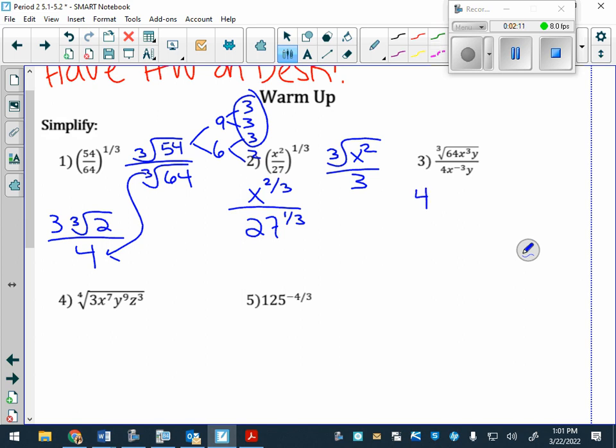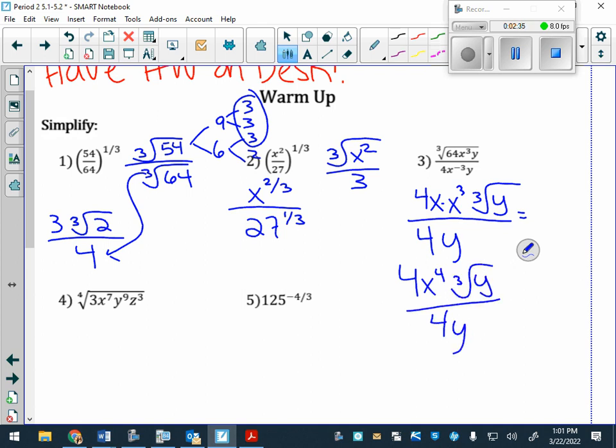Cube root of x cubed is x. We cannot do anything with the cube root of y, so we're going to keep that as is. Then we have 4, this x to the negative power, to make it positive, comes up top. And then we have our y. So we have 4x to the 4th cube root of y over 4y.